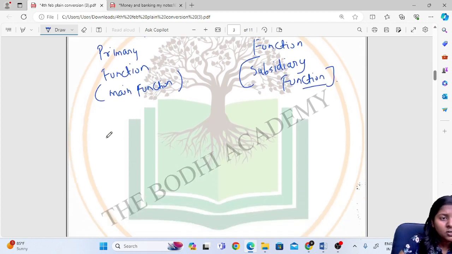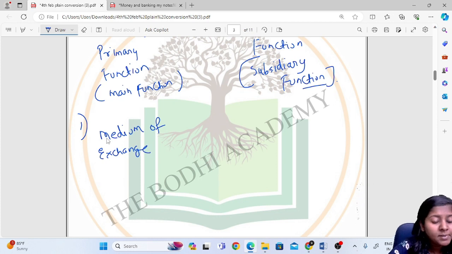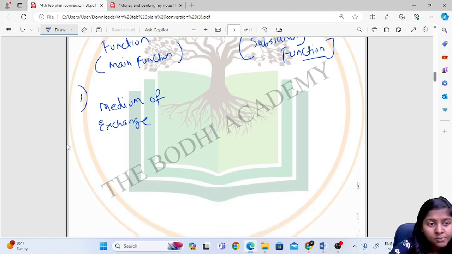What is the primary function of money? First, money acts as a medium of exchange for goods and services. If you want to purchase anything, we can purchase it by giving money. So money helps people in buying whatever commodity the consumer wants.